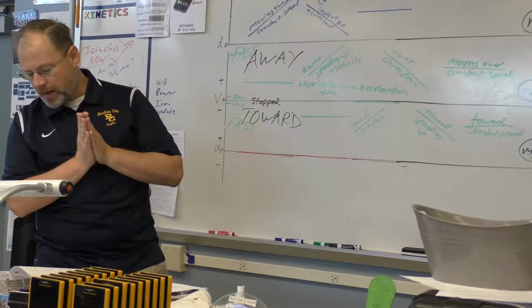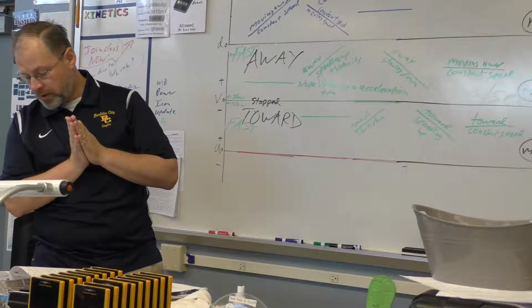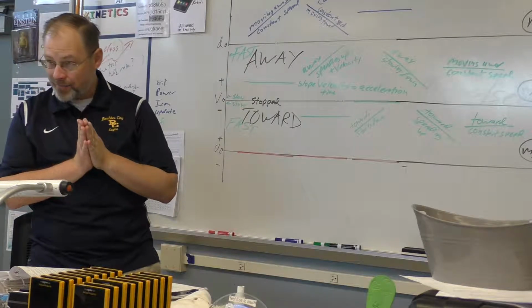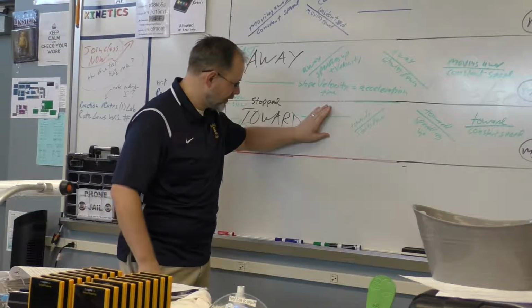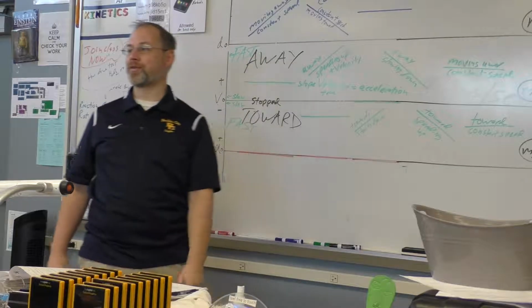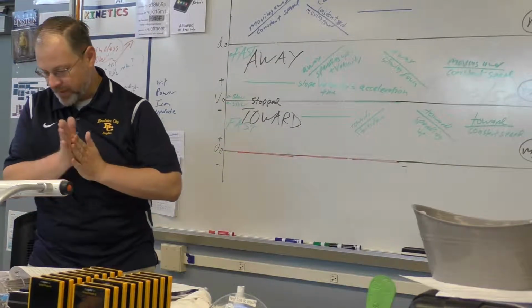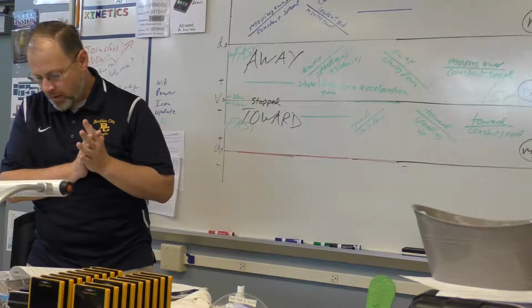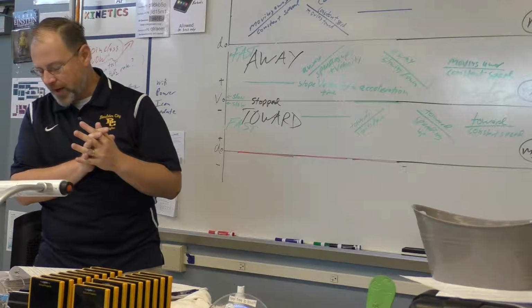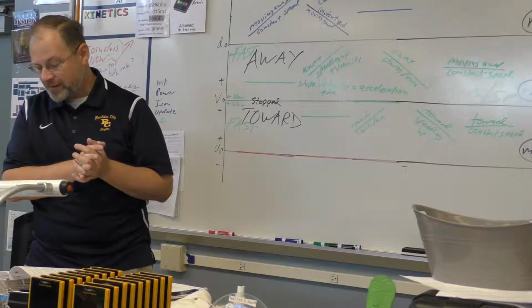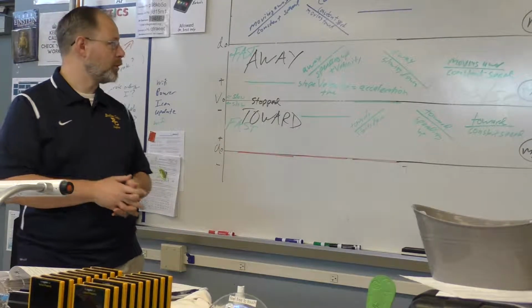When the line on a velocity time graph is in the negative, diagonal with a positive slope. G. Yep, it's G. Excellent. When the line is in the positive, diagonal with a positive slope.